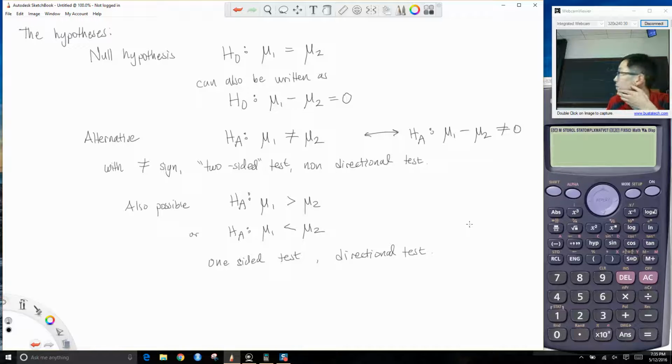And again, it can also be written as mu1 minus mu2 is greater than 0, or less than 0. So these are the hypotheses that we would write for the t-test.